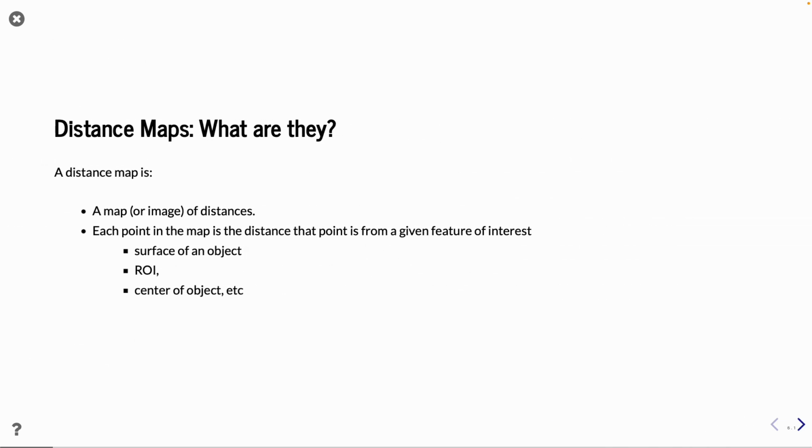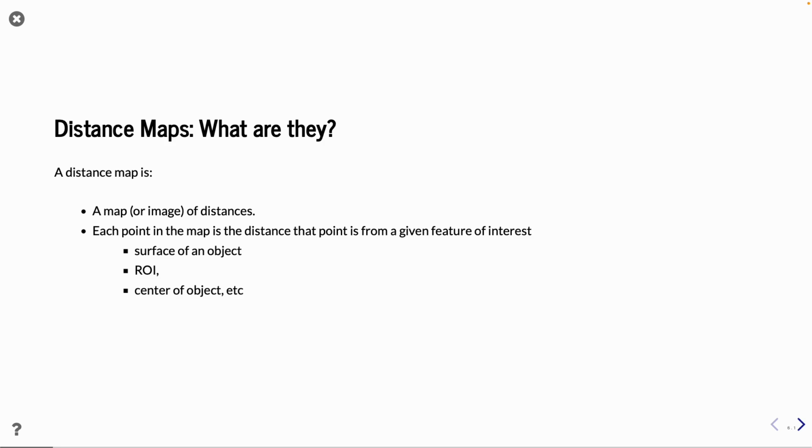The first thing we are going to look at are distance maps. In principle, it's a new image that maps distances within the image, and each point can be measured. The distance map is always measured from the perimeter of the object, either outward or inwards into the object.